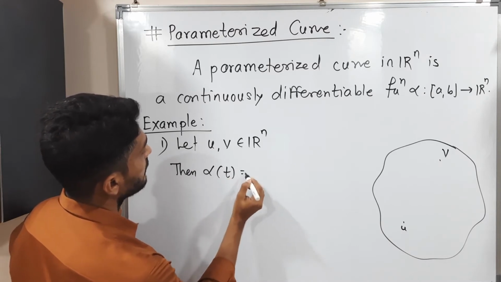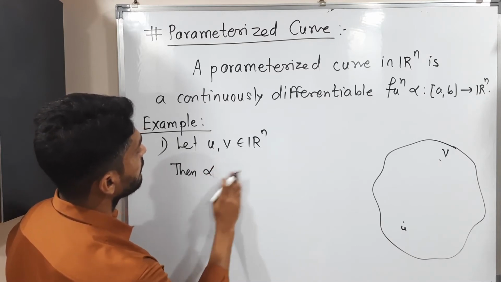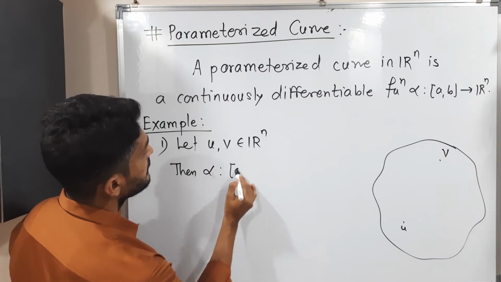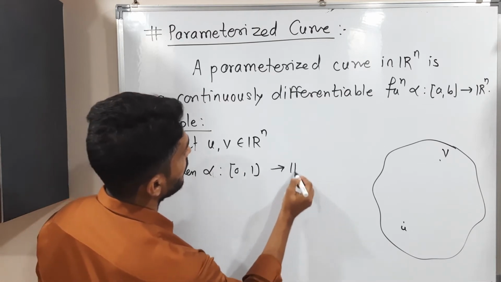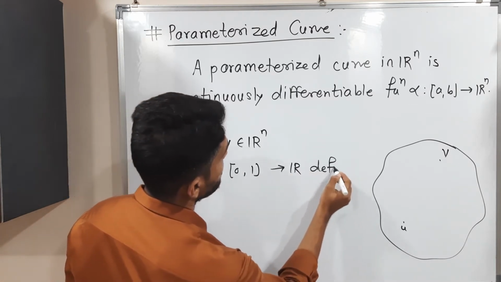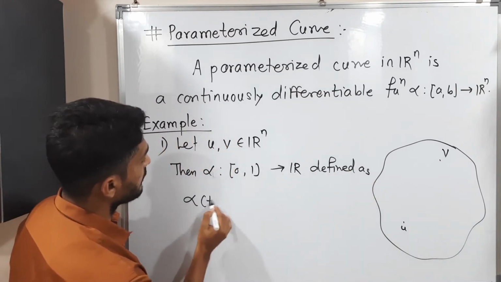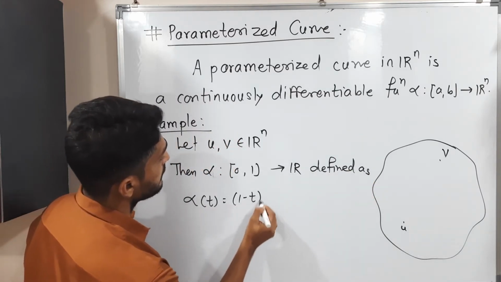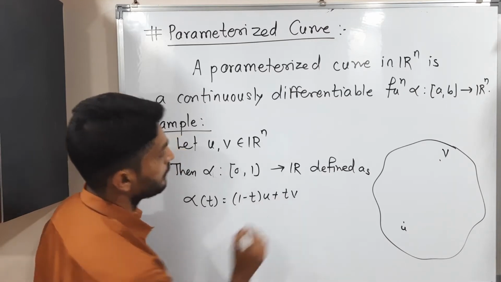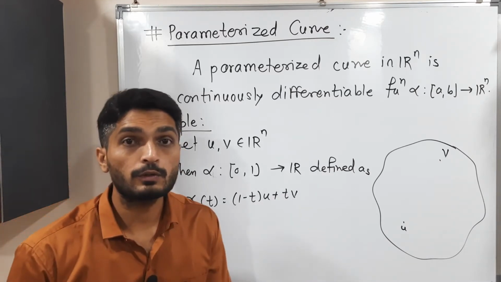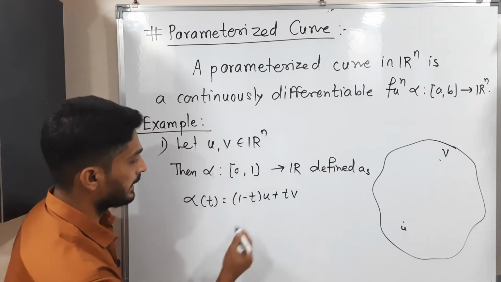alpha of t, we are defining alpha from where to where? From 0 1 to Rn, defined as alpha of t is equal to (1 minus t)u plus tv. You know that this is the equation of a straight line, that means we represent a line in this way.